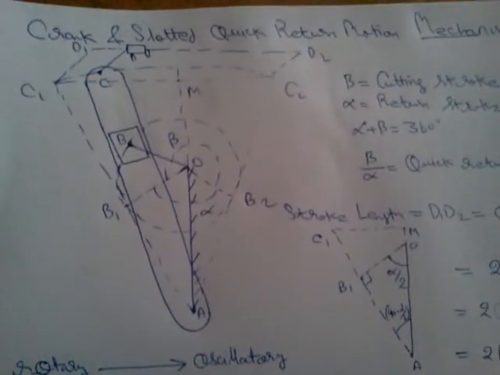As we have 3 parameters, we can adjust the stroke length. That's why this crank and slotted bar quick return motion mechanism is used more as compared to the Whitworth quick return motion mechanism, which has only one variable to set the stroke length. Thank you.